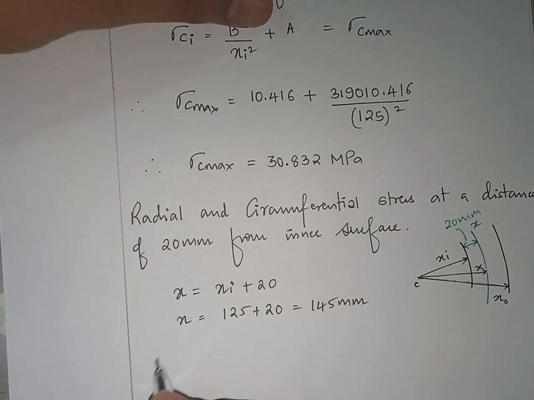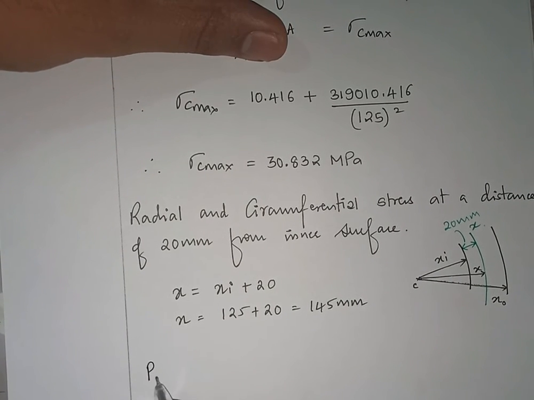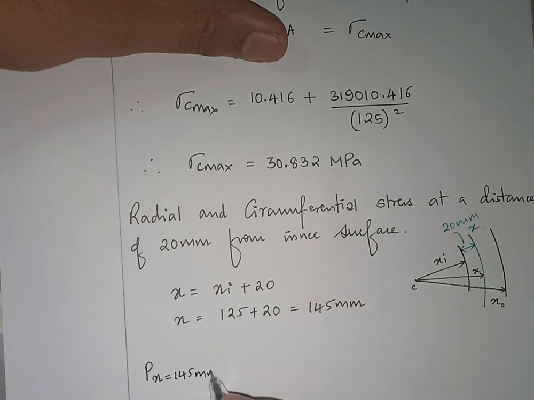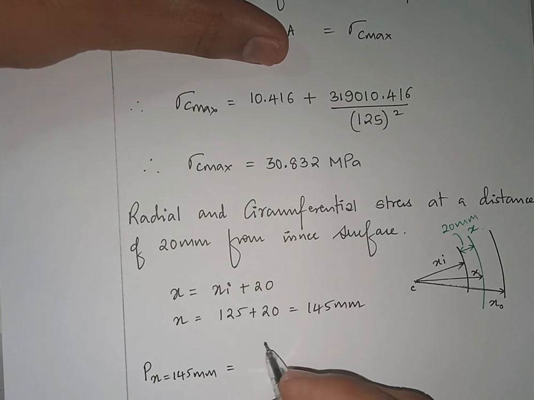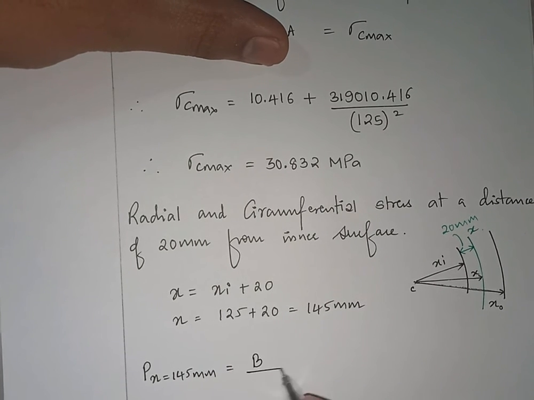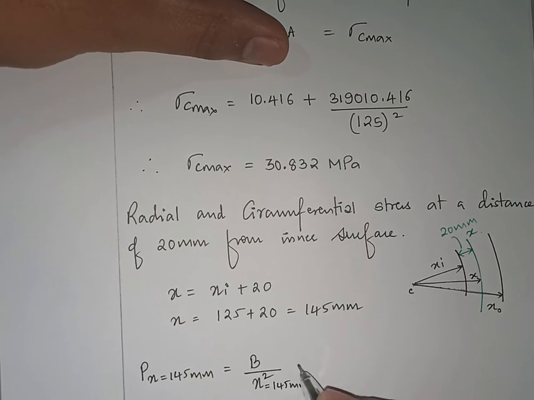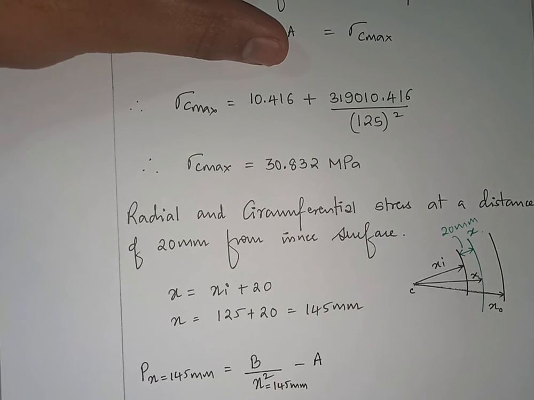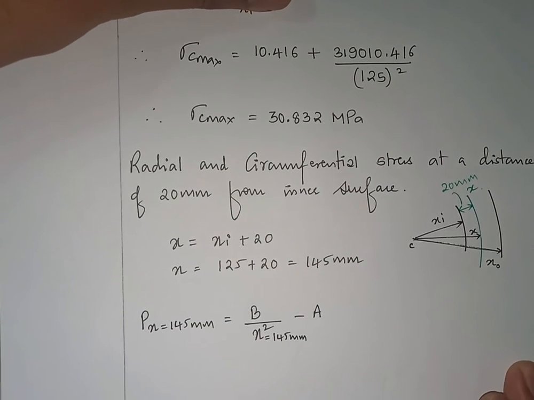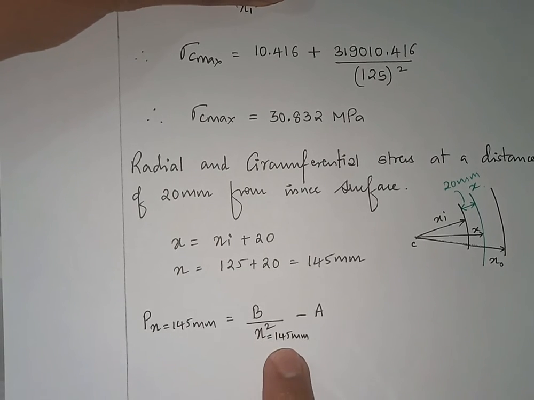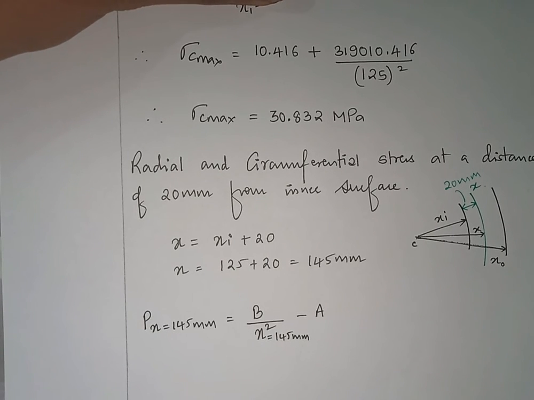So how do you calculate the radial stress? P at x equal to 145 mm will be given by B divided by x squared minus A. Same Lame's equation, only the value of x is taken as 145 mm.